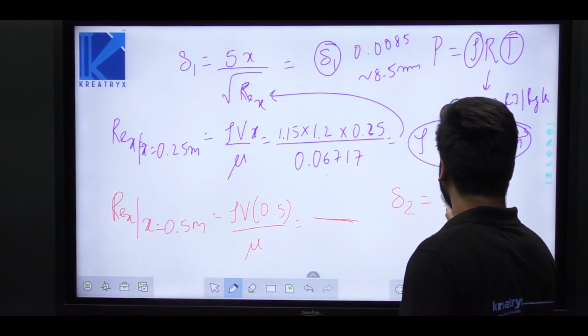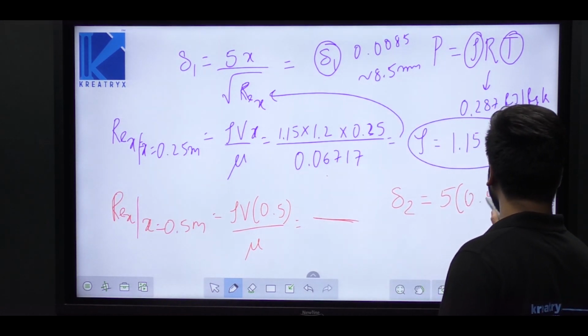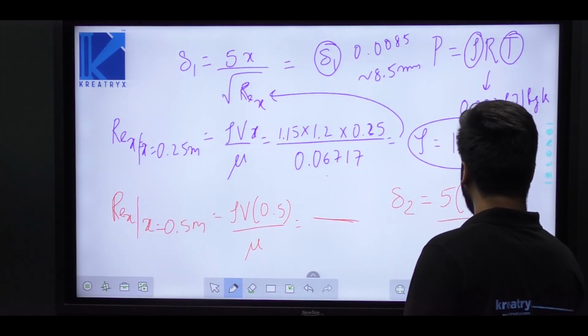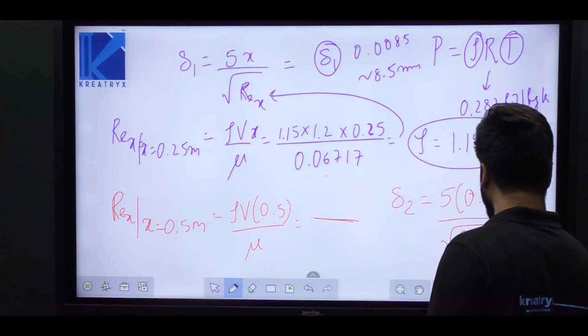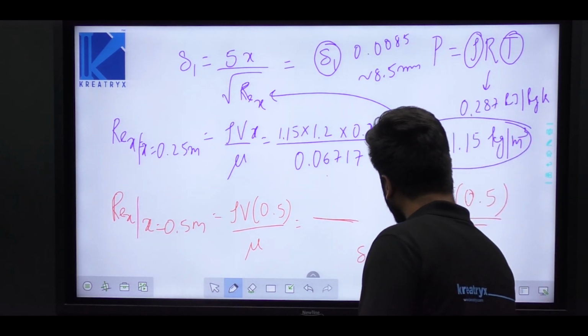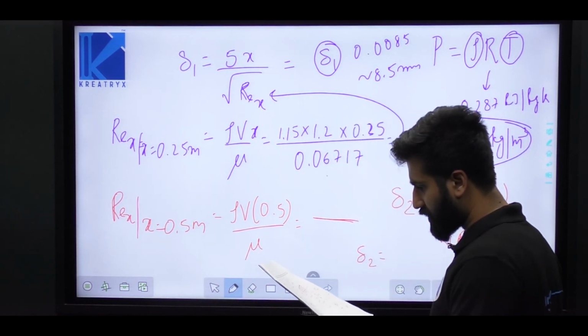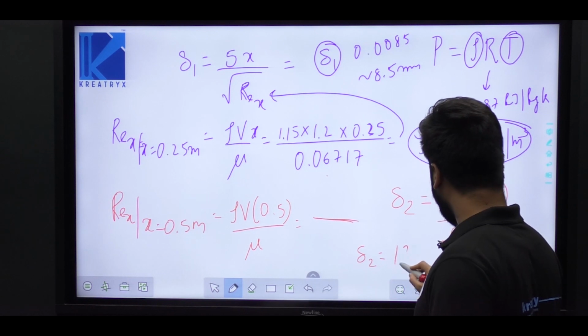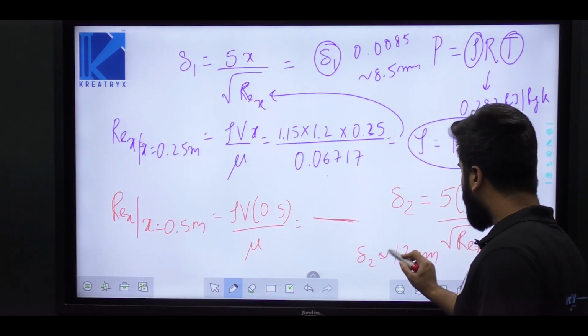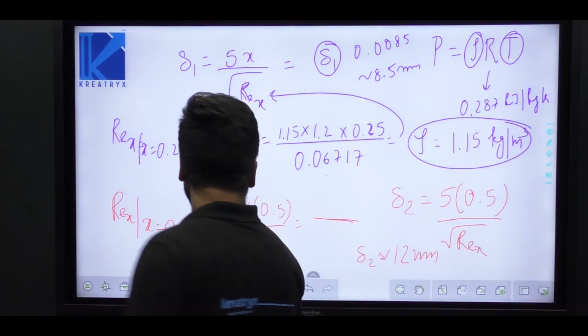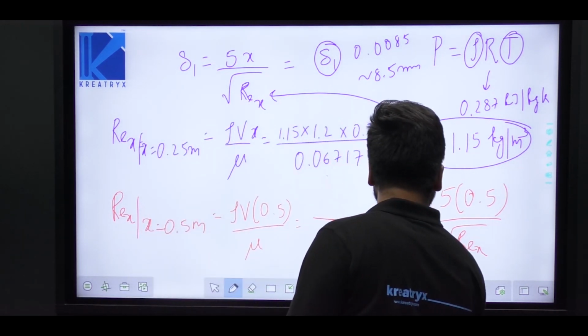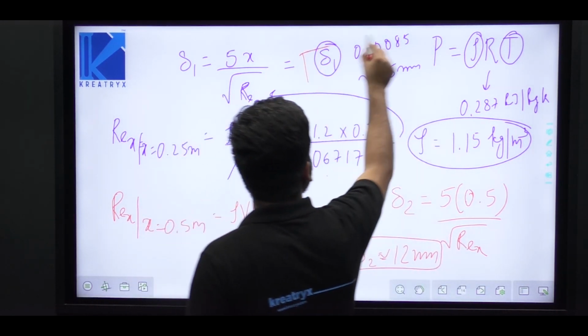Put it in this equation, with x being 0.5 here, and the value will be around 12 mm. I don't have the exact value. So now I have delta 2 and delta 1 with me.